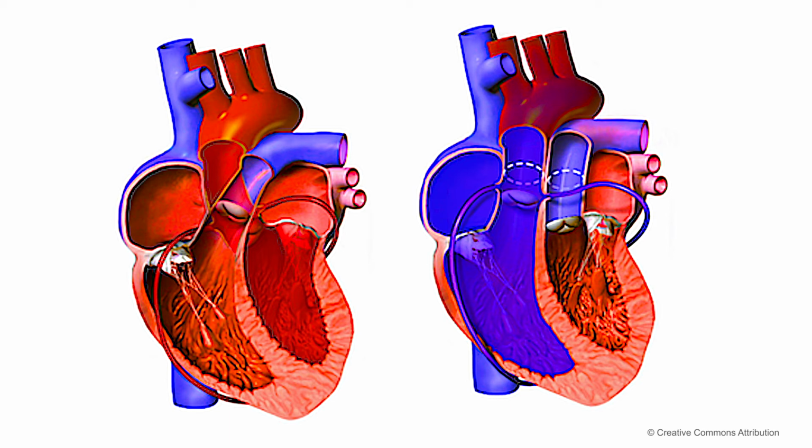And remember, those should be switched. This transposition of the great vessels is associated with maternal diabetes, and a chest X-ray shows a classic eggs on a string appearance. A newborn will unfortunately not survive this anomaly unless there's some kind of shunting going on.